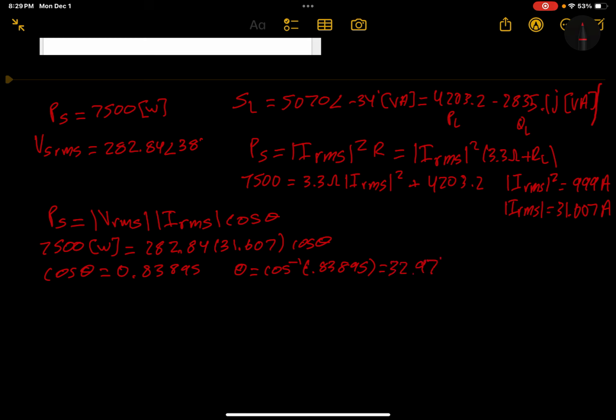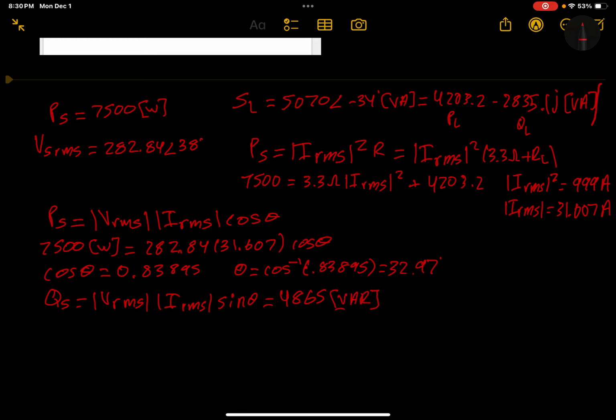Okay, so now we want to use that to solve for the reactive power of the source. So QS equals VRMS IRMS, then sine theta. So very similar to the power equation. Then plugging in everything, we get that the reactive power of the source is 4,865 VAR.